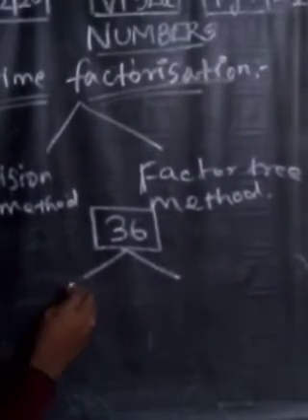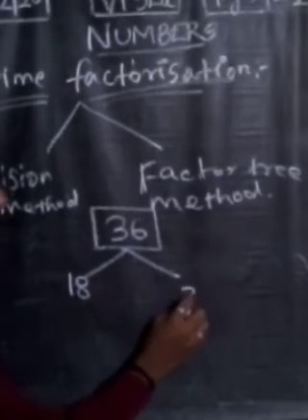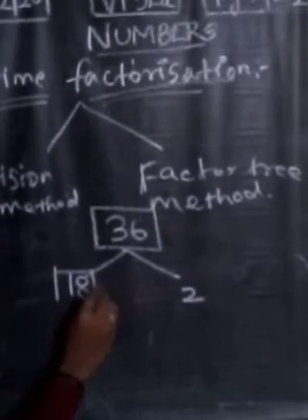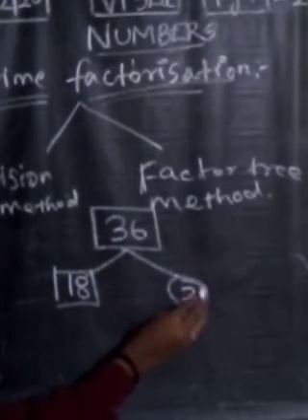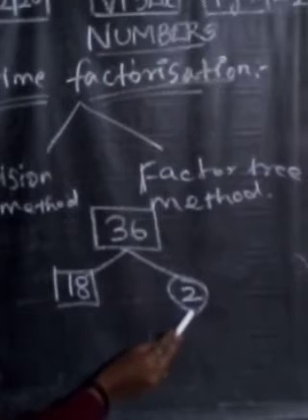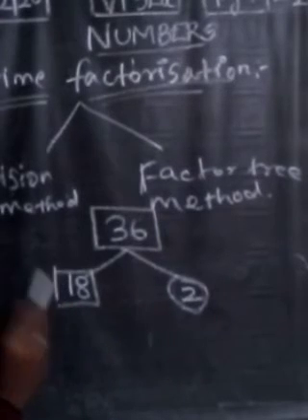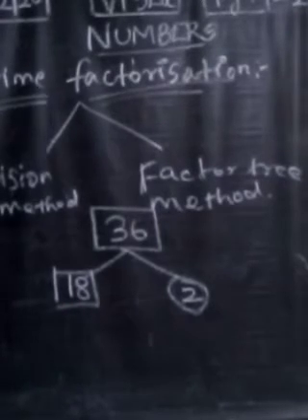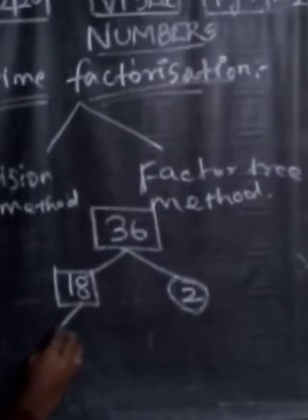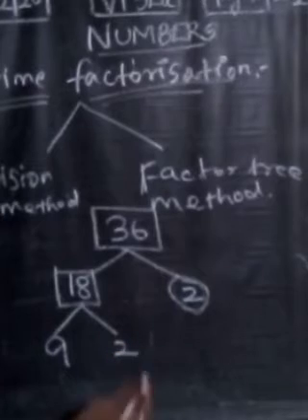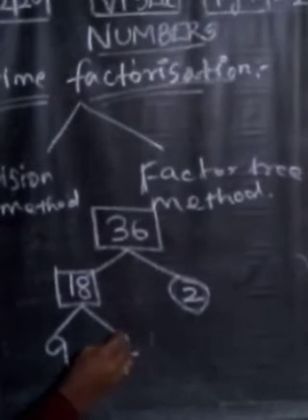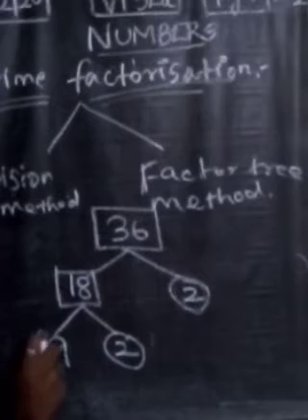Here 2 is a prime number, so simply we put a circle. 2 is a prime number, but 18 is a composite number because 18 has more than two factors. So 18 splits into 9 twos are 18. Here also 2 is a prime number, but 9 is a composite number.